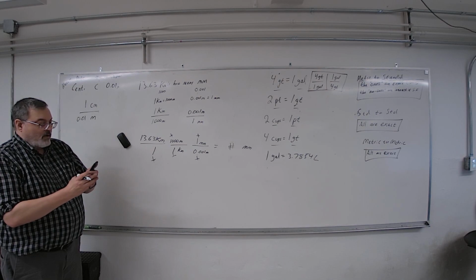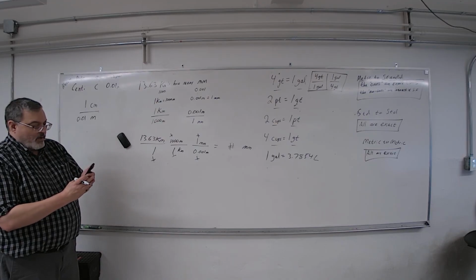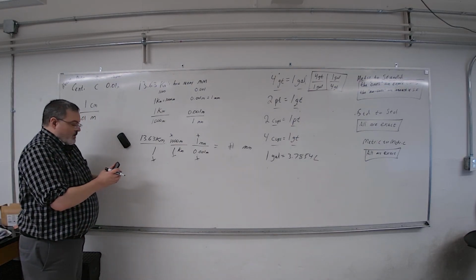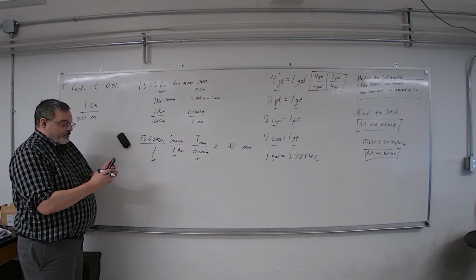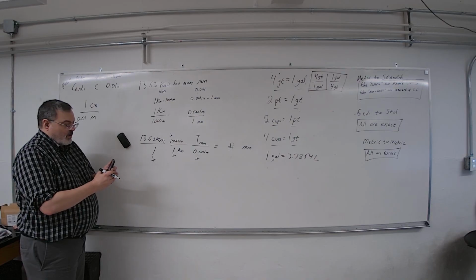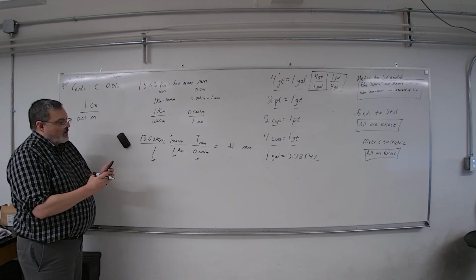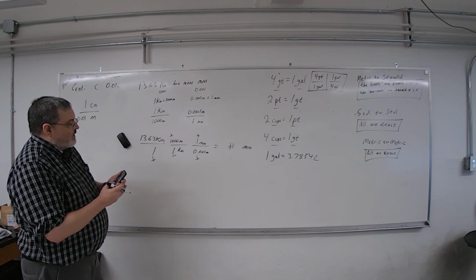And if you just want to calculate it, 13.63 times 1,000, and then divided by 0.001. That shouldn't happen. I did something wrong. 13.63 times 1,000 divided by 0.001. What am I doing wrong? I guess that's right.